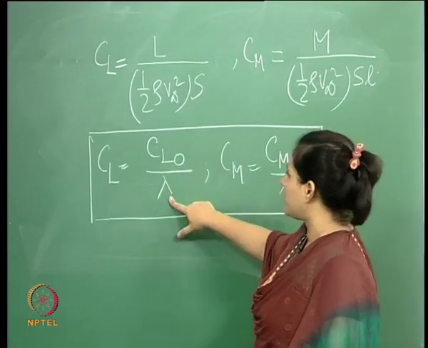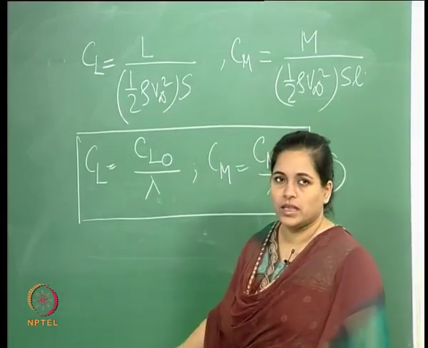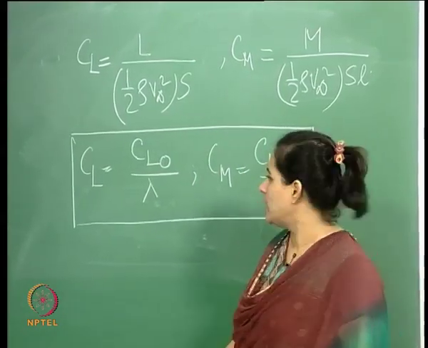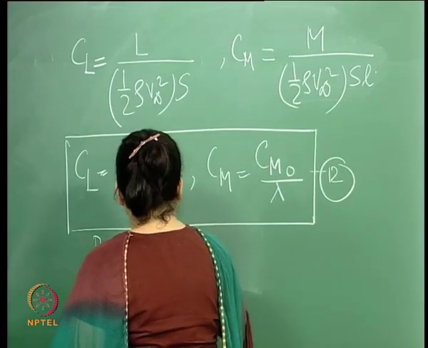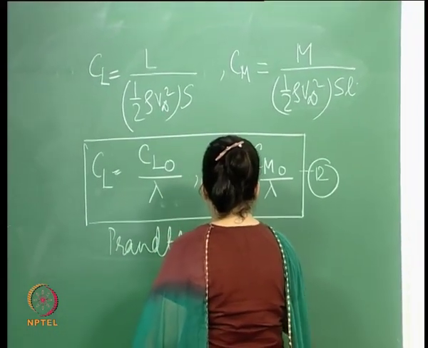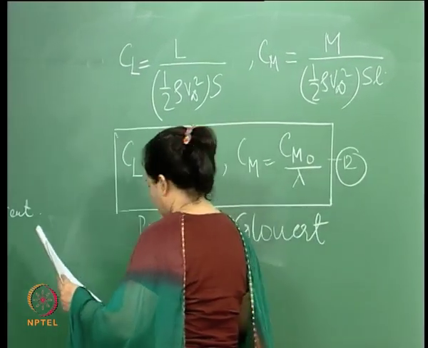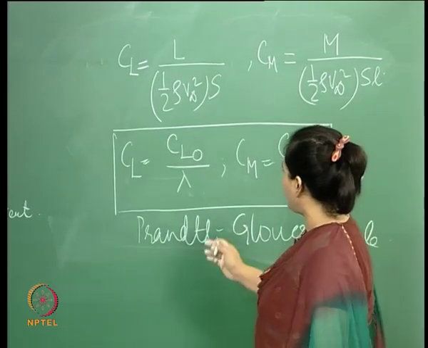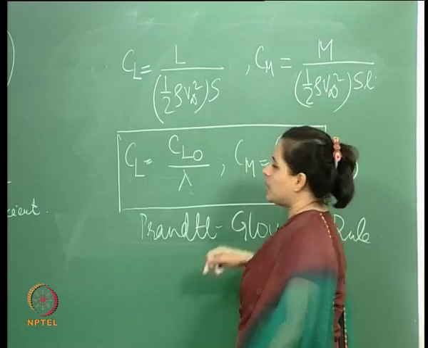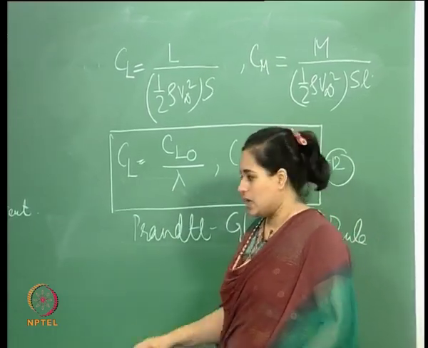You can add this correction to it and use it as the compressible Cl and Cm over the same profile. Okay. So, this you can say is the rule for that matter. So, basically we can use the incompressible Cl and Cm, add a correction to it and use it as the compressible Cl and Cm.